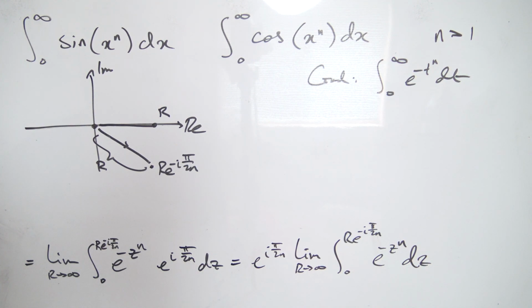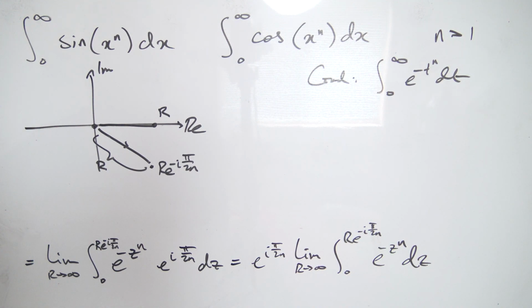Okay, and I want you to notice one more thing as well. The function we're using, e to the minus z to the n, is an entire function because this polynomial function is entire and the exponential function is entire. So if you compose those two together, it's still entire. So everywhere on this complex plane it is analytic.